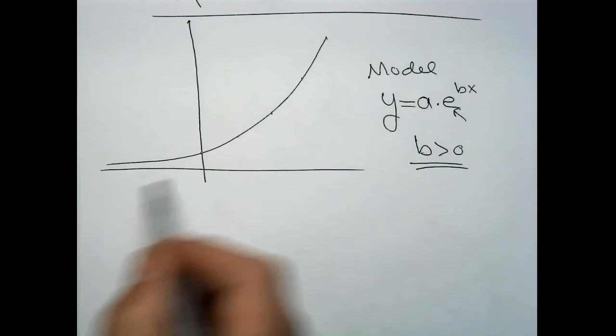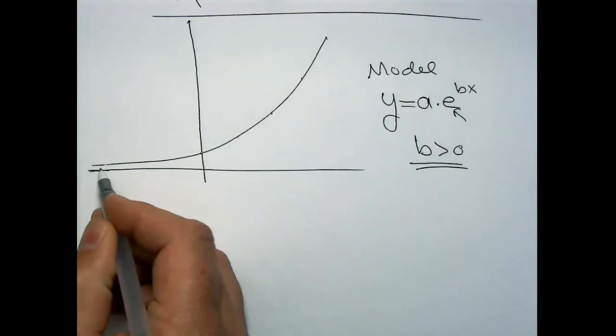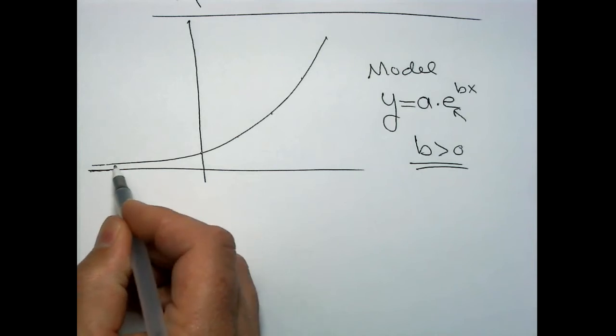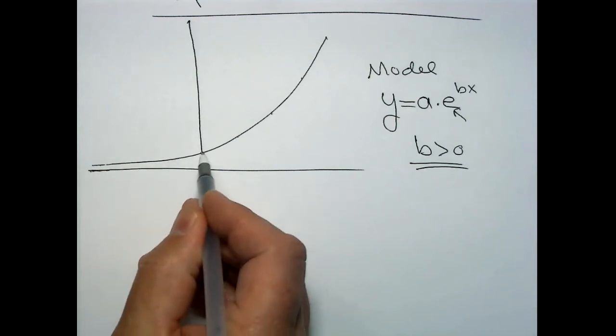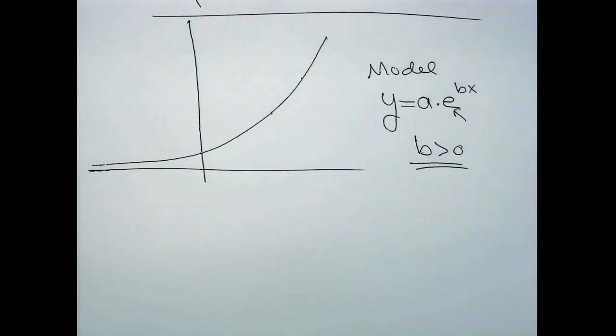What else grows like this? Companies grow like this. Some companies spend many, many years back here not growing very much. Then all of a sudden something happens. They get some funding, their product becomes a big hit, and then they take off. That's also modeled by exponential growth.